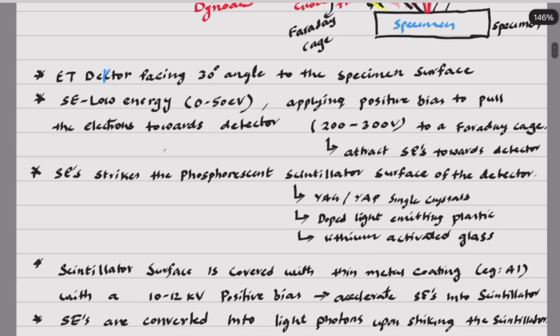These secondary electrons have very low energy, about 0 to 50 electron volts. As they have very low energy, they do not have sufficient energy to go to the surface of the scintillator, so we apply an external voltage of around 200 to 300 volts in a Faraday cage. This will attract the secondary electrons from near the surface to the scintillator.